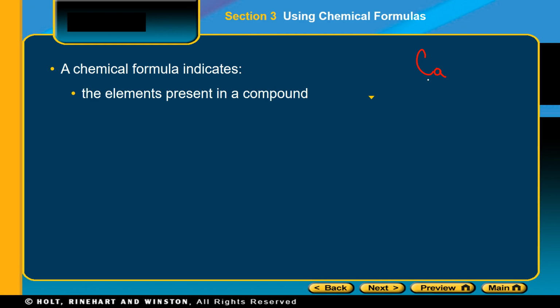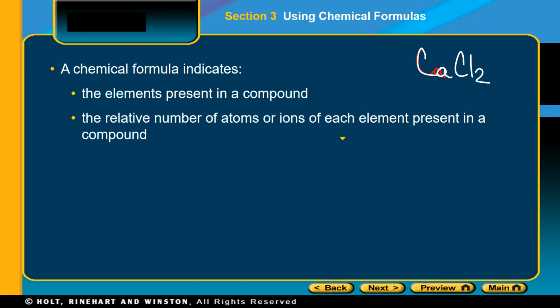So if I'm looking at the compound calcium chloride, that tells me certain things about that compound. I know that I have calcium. I know that I have chlorine in it. I also know something about how many of each. It tells me the relative number of atoms of each of the atoms or ions present in the compound.